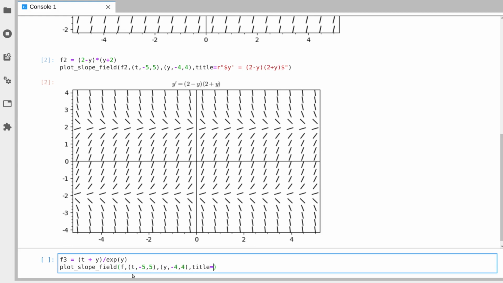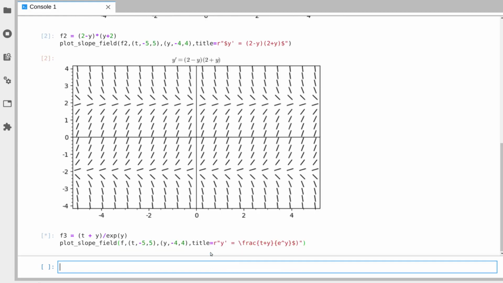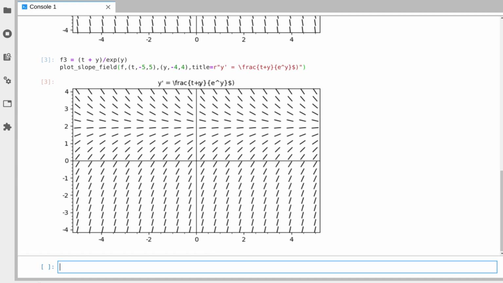And then our title this time is going to be y prime equals... now I'm getting crazy with the typing, so you don't have to worry about this... t plus y over e to the y. There we go. Yep, okay, that should do it. Yeah, it didn't print, but that's okay.